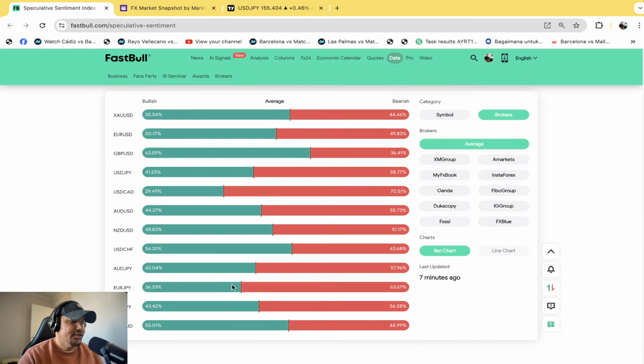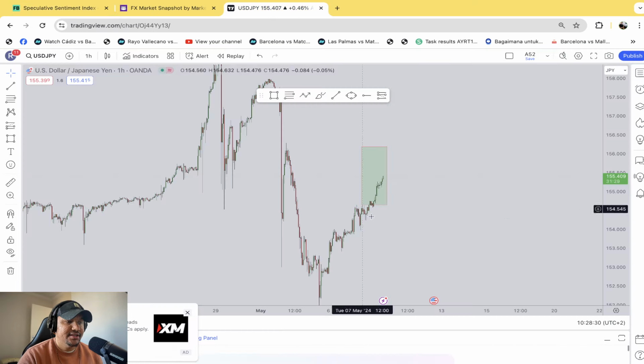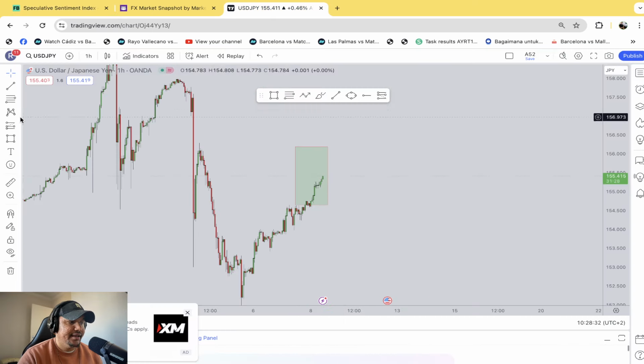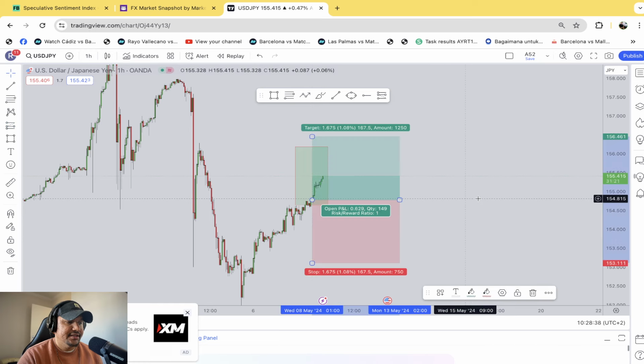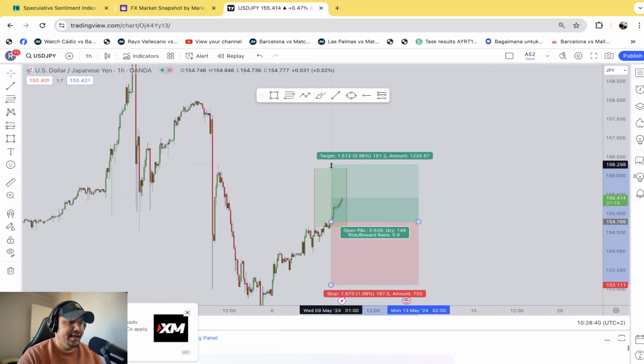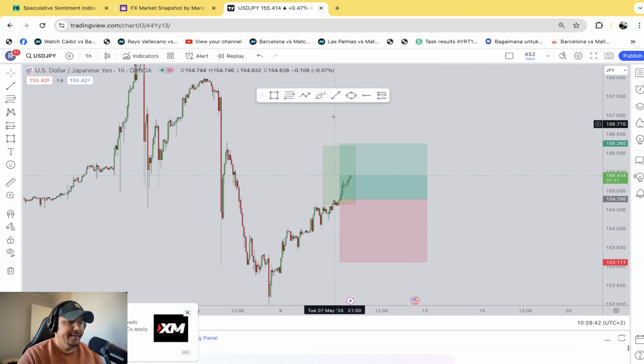Now, if you look at USD/JPY over here, you can see that there's more people selling USD/JPY as opposed to buying. So this would have been the perfect buy if you woke up this morning, or even if you took it yesterday, but this data is updated every day. This would have been the perfect buy, because why?